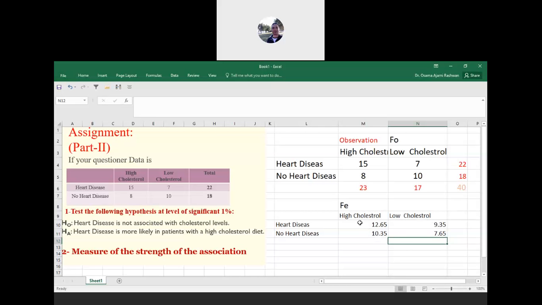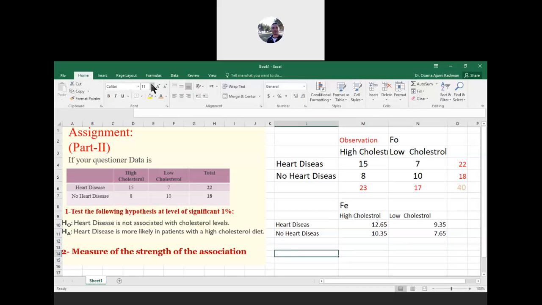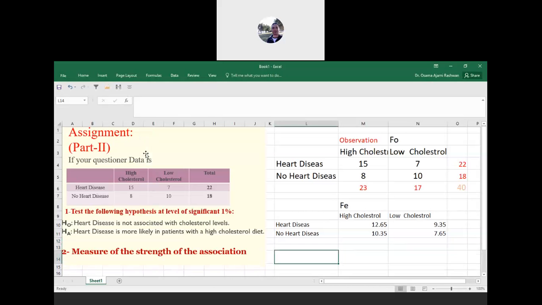So next, what I'm going to do, I have to use a formula for chi-square. What's chi-square? Chi-square is the sum of FO minus FE, squared, over FE. This is the chi-square stat.